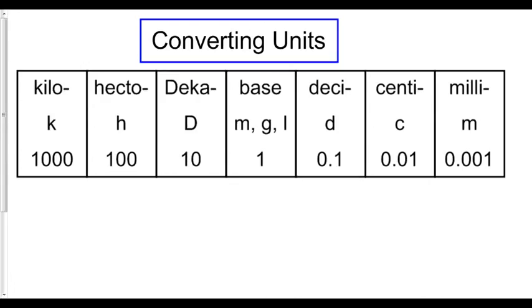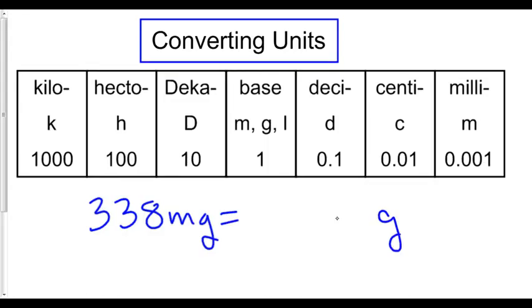So let's talk about how we would convert these units. Let's say I had 338 milligrams, and I was curious, well, how many grams is that? This chart helps me because I look here, here's my milligrams, and basically I'm moving to get to grams right here. I'm moving 1, 2, 3 times to the left from milli to grams.